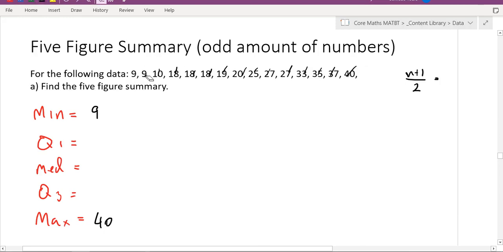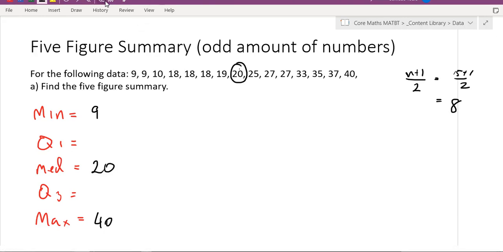There's 15 numbers, so 15 plus 1 divided by 2 equals 8. That means the middle number is the 8th number: 1, 2, 3, 4, 5, 6, 7, 8. I'm just going to circle it so we know that's my median. So the middle number is 20.